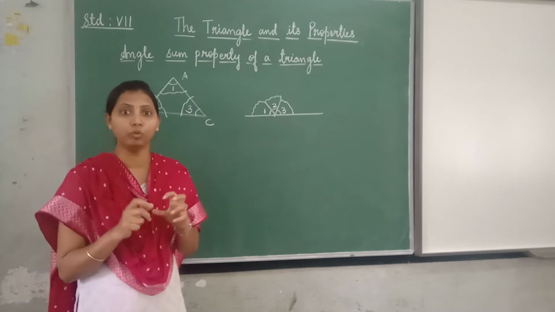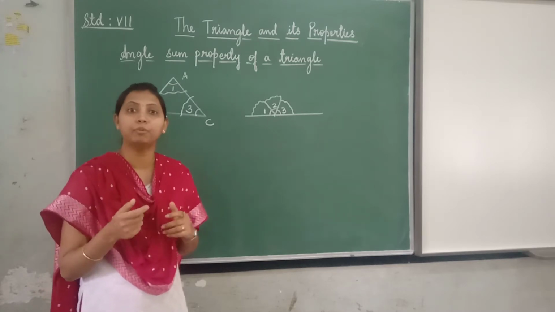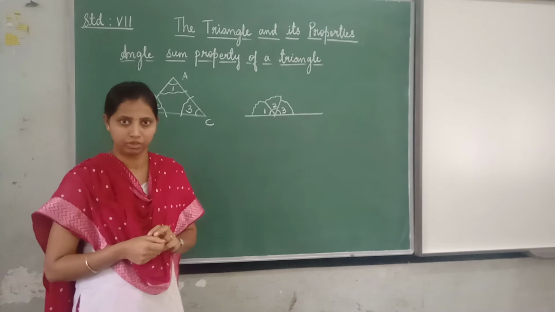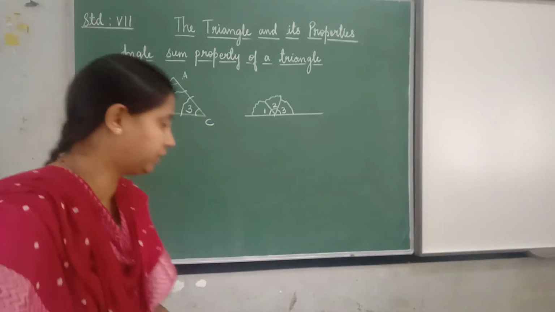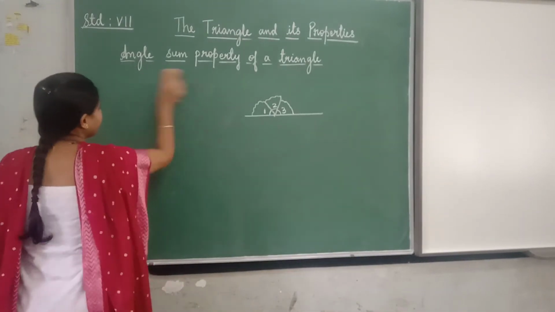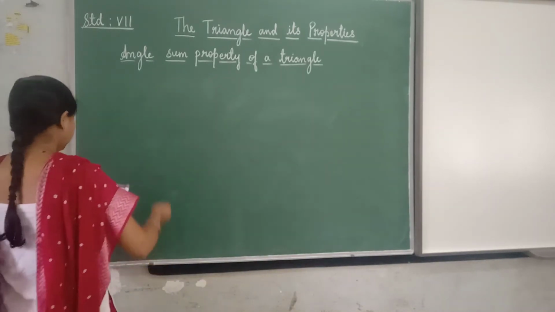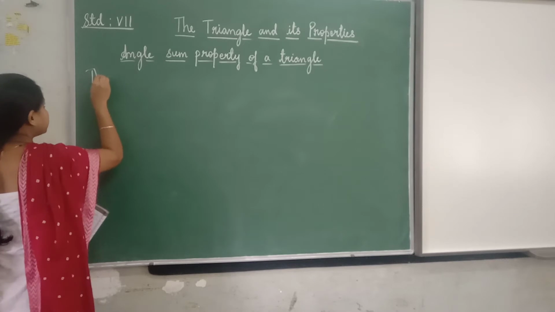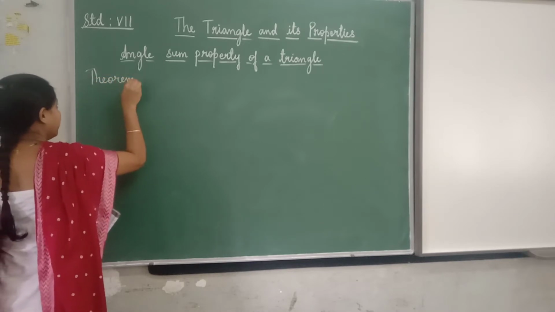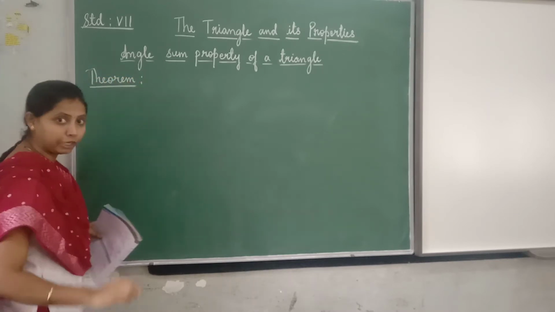Theorem means you have to prove it, with the help of the things we have studied. So let's see the statement of the theorem. This is a theorem, and a theorem has a statement.